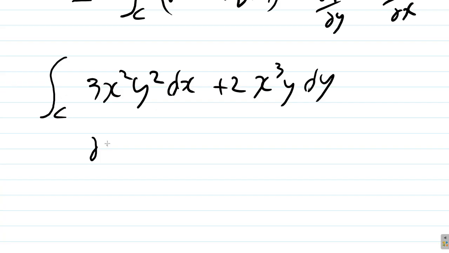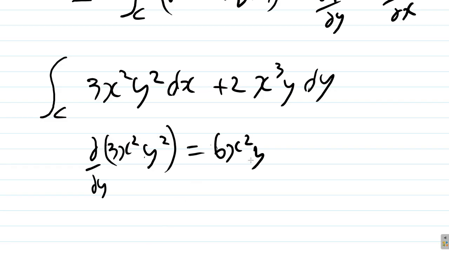If you find the derivative of 3x squared y squared with respect to y, right? Remember, this is what you're finding derivative with respect to y. What you're going to get is 3 times 2 is 6, using the power rule, 6x squared y. See that? So this derivative with respect to y gives us 6x squared y.